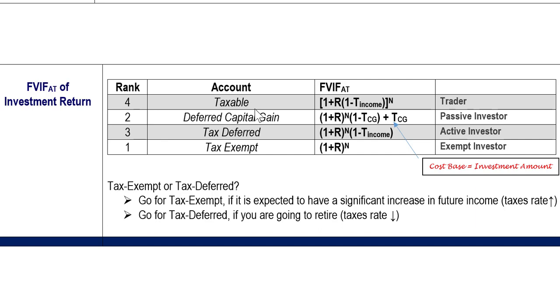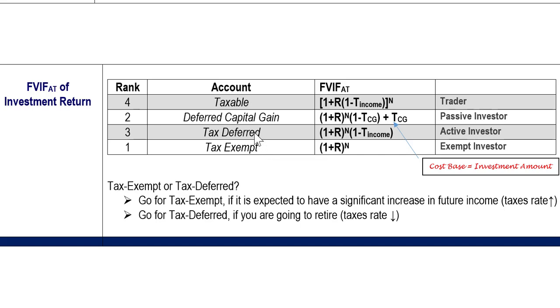One is the taxable account, the accrued tax. We don't do anything, it just invests there and the investor needs to pay tax every year. Another one is a deferred capital gain tax account. It's more like a pension account, like a 401k or IRA.